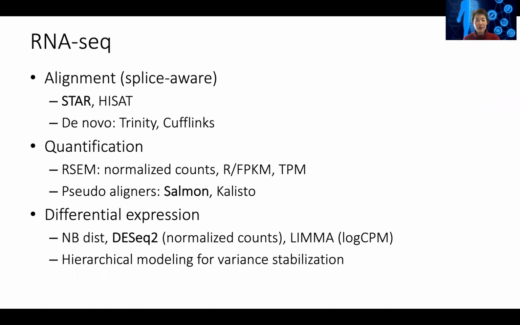So we just use STAR for alignment, and then we need to do quantification. For quantification, the current best, most accurate approach is RSEM. So we talk about different ways of representing the quantification, whether you use normalized read count, which is usually CPM, which is counts per million.